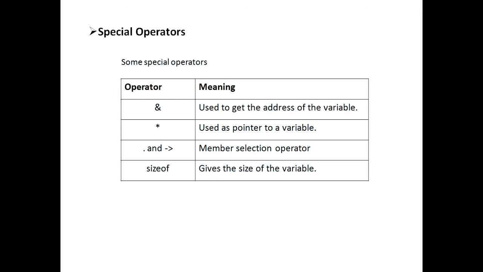And we are using the member selection operator. Generally we use it in structures programming or structure concepts. And another one is the sizeof operator. It will give the size of a particular variable. So these are a few major operators used in C programming. So these are the tokens, the important tokens used in the programming language C.